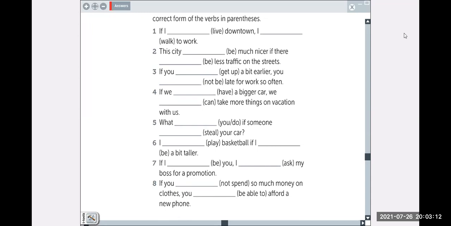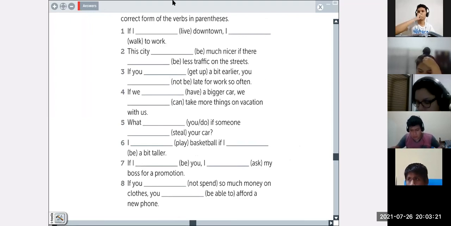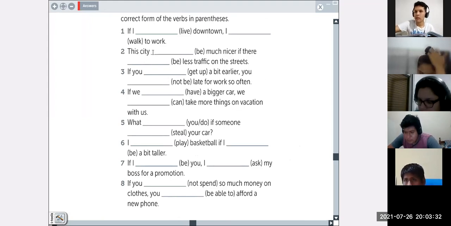Very easy. Okay? Let's go with the first one, please. Roberto, how can we complete the first one? With the second conditional, if I could live downtown, in downtown, I wouldn't have to... ¿Cómo?